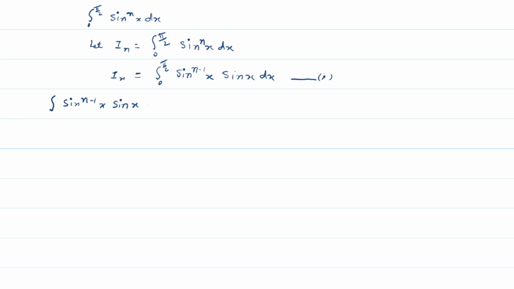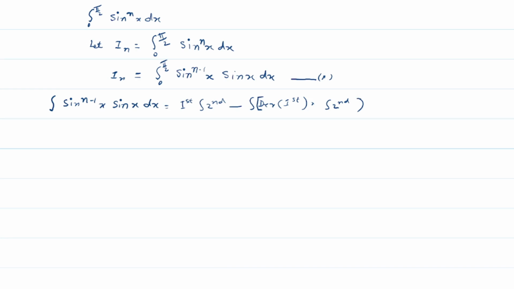Here the rule is: first function times the integral of the second, minus the integral of the derivative of the first multiplied by the integral of the second. That is the rule.